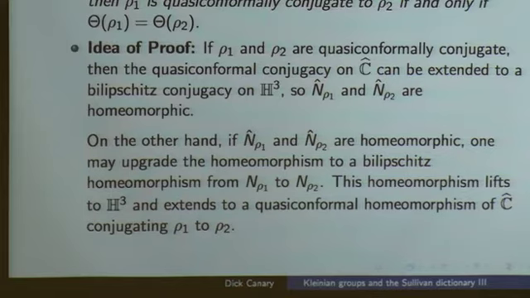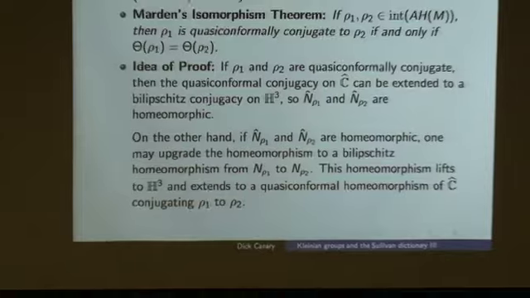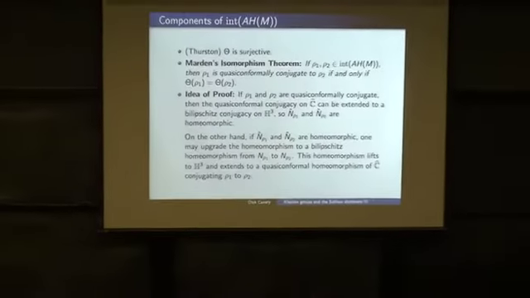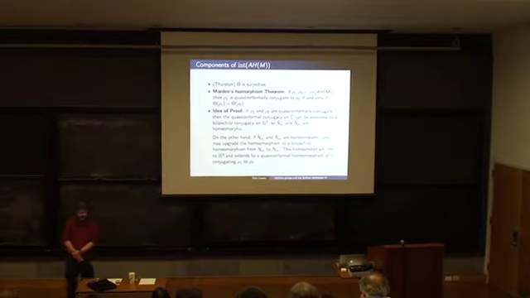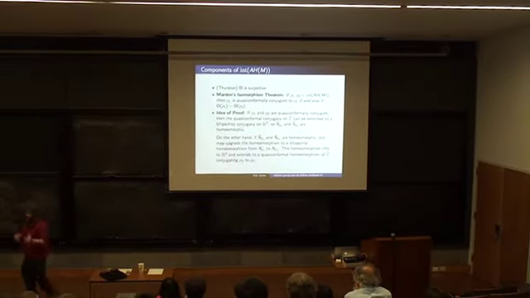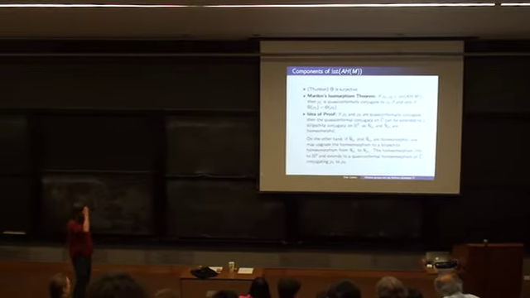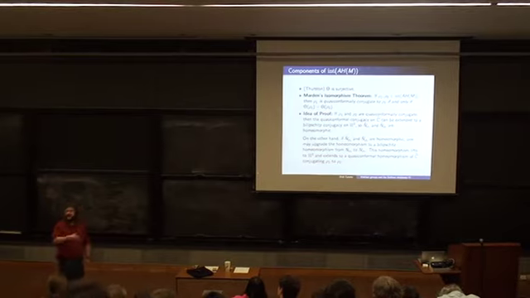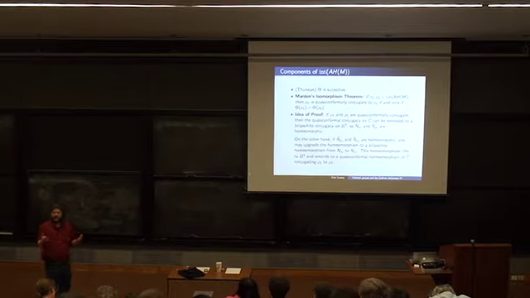They have this very explicit metric. We totally understand it. And then we just take one end and we move it over to the other using these explicit coordinates, and you just check that it's bi-Lipschitz. So you can fix up this homeomorphism to be a bi-Lipschitz homeomorphism between the hyperbolic three manifolds, you lift that bi-Lipschitz homeomorphism to a bi-Lipschitz homeomorphism on H3, conjugating one Kleinian group to another Kleinian group, and then a bi-Lipschitz homeomorphism extends to a quasiconformal homeomorphism.